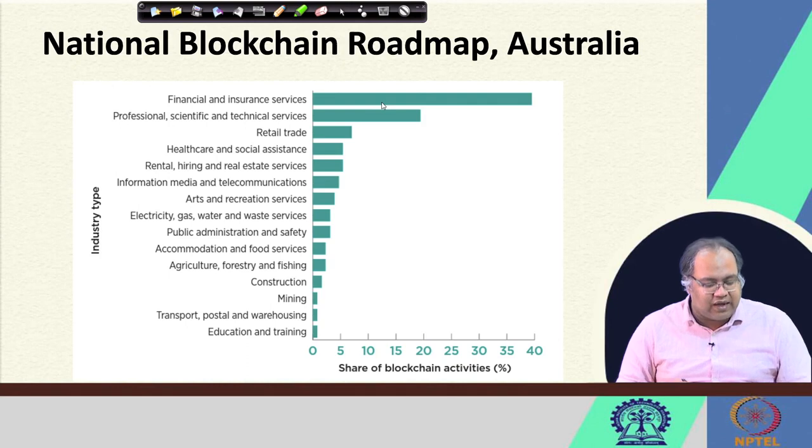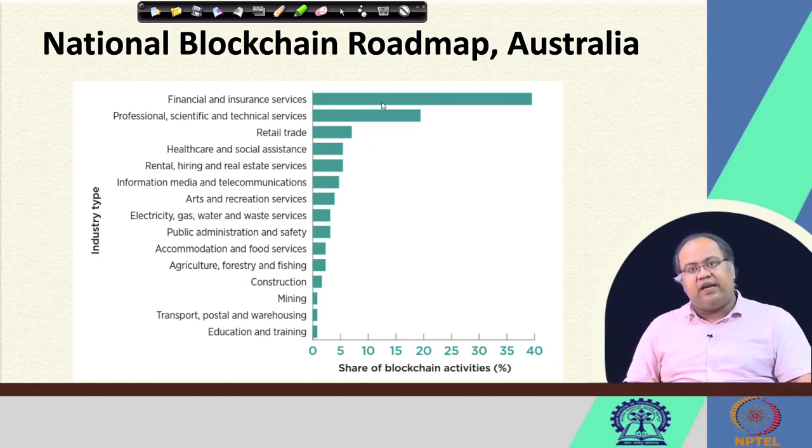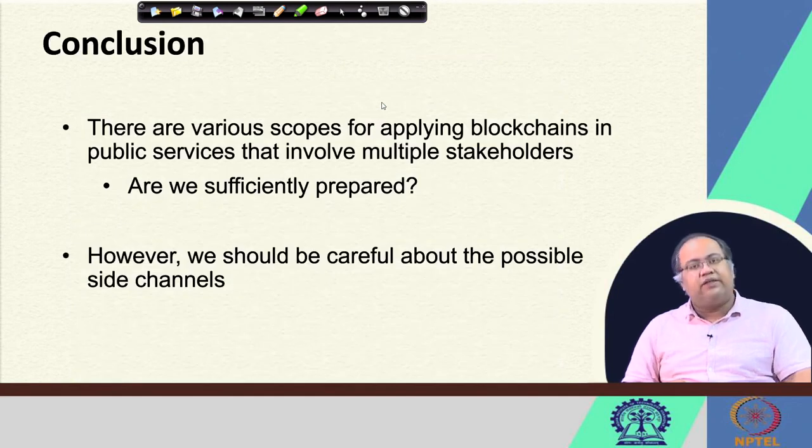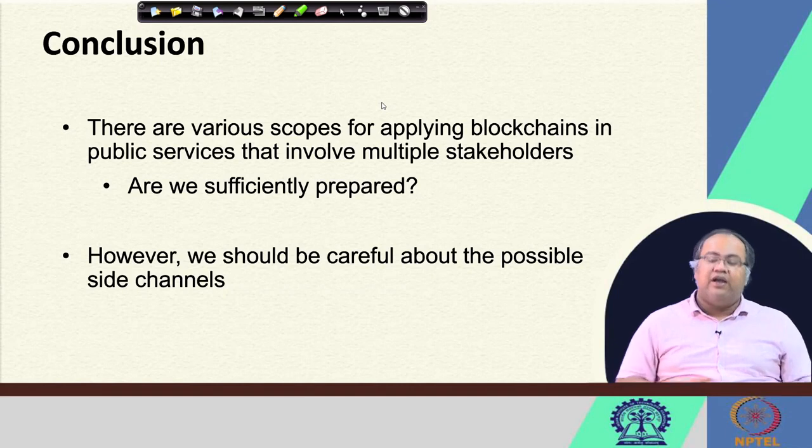Obviously, you can see that financial and insurance services have the maximum interest in blockchain activities, but apart from that, professional, scientific and technical services, retail trade, healthcare, rental, hiring and real estate services, information media, telecommunication, arts and recreational services, electricity, gas, water and waste services all have a good amount of interest in different blockchain activities.